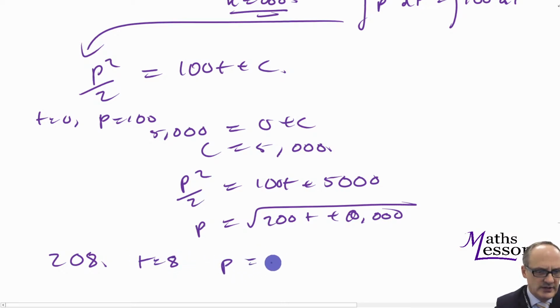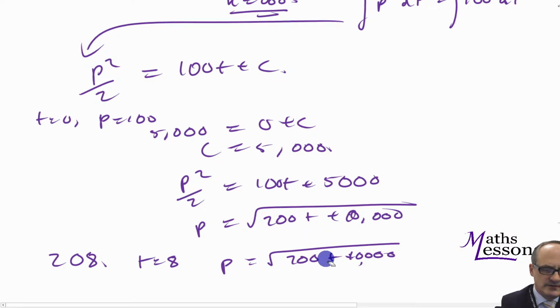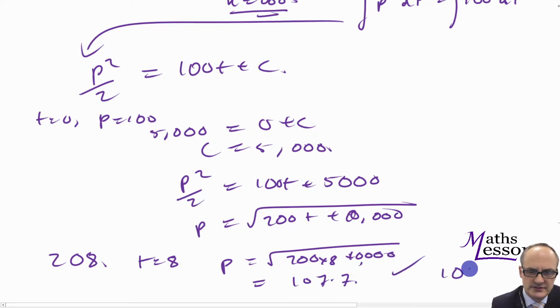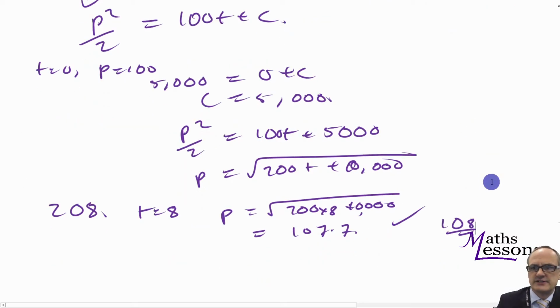P will equal the square root of 200t plus 10,000, replacing t with 8. I got that equal to 107.7. That's quite close to 108, so a good fit for 2008.